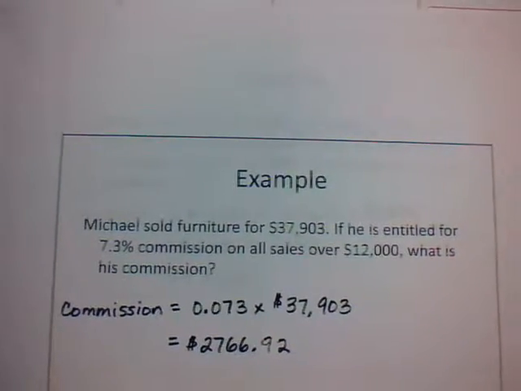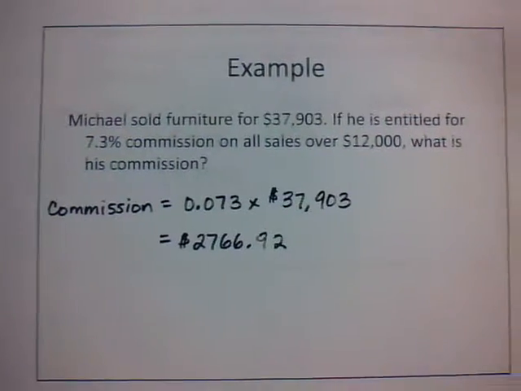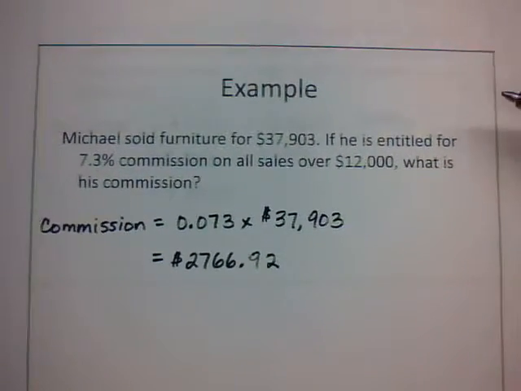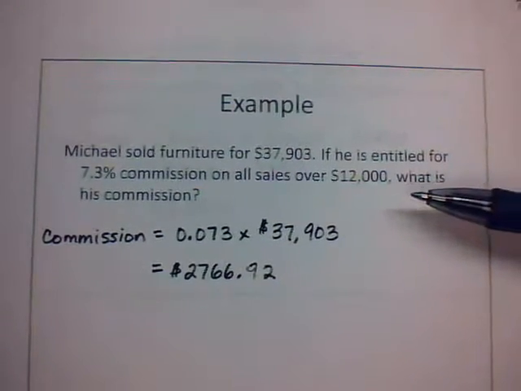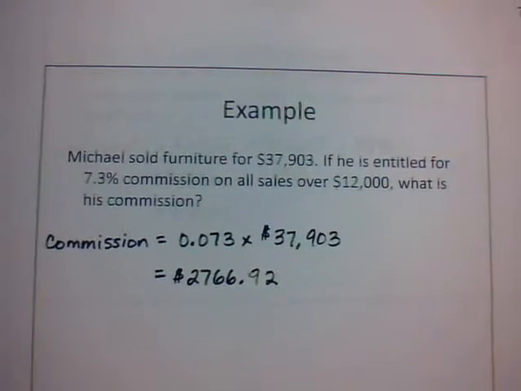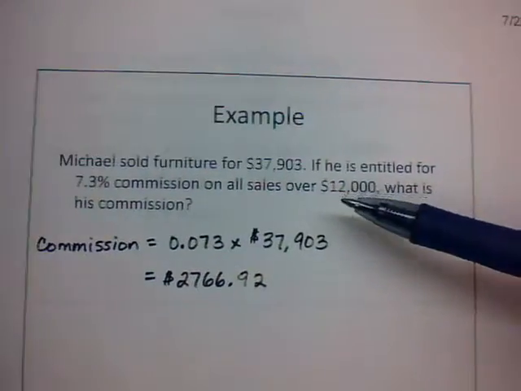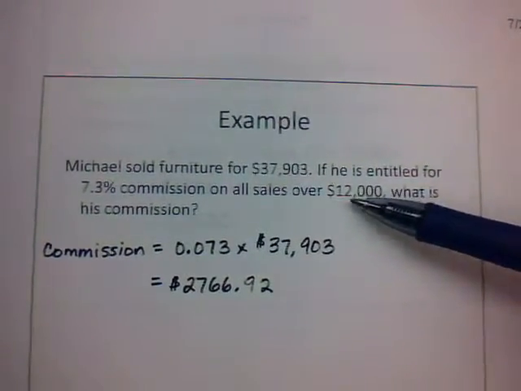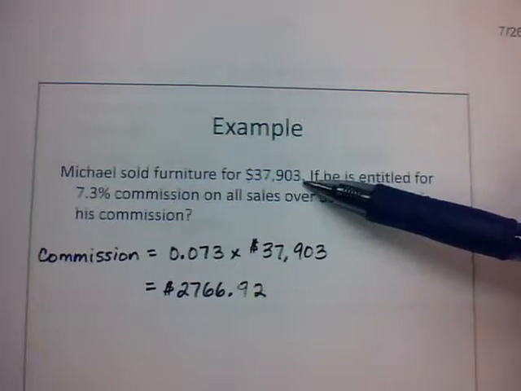Okay, another example would be Michael sold furniture for $37,903. If he is entitled to 7.3% commission on all sales over $12,000, what would be his commission? In this case, for him to get a commission, his sales must exceed $12,000. Here, it has exceeded $12,000.